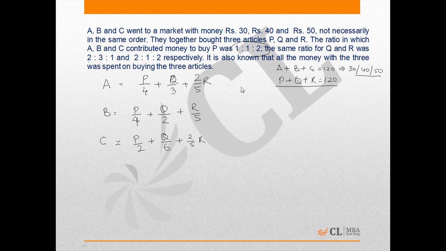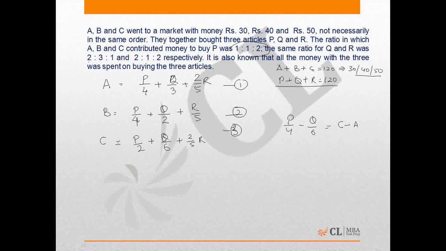If I subtract equation 1 from equation 3, 2 by 5 R will cancel out, so I'll be left with P by 4 minus Q by 6, and that will be equal to C minus A. That's my first part.